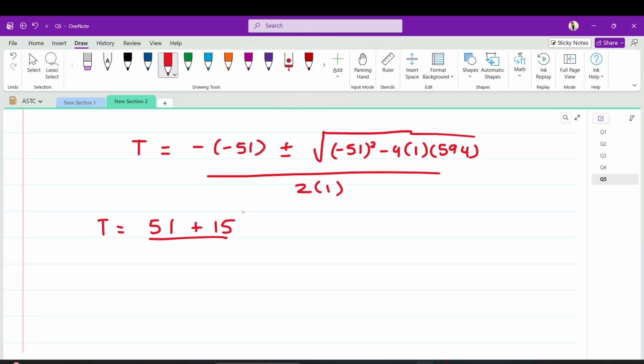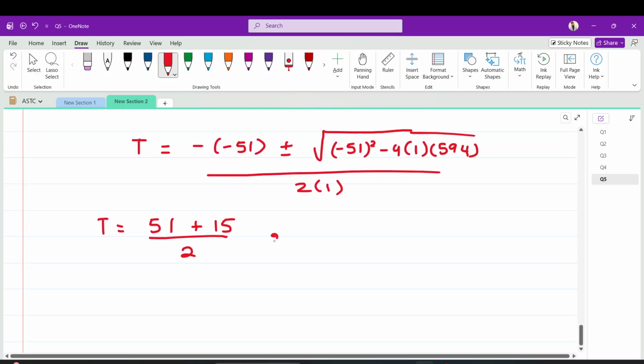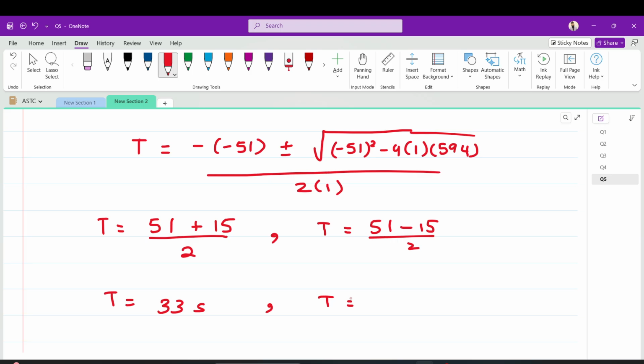So that means we were able to factorize, but the values were too big for us to factorize, right? Then t is equal to 51 plus 15 upon 2, that gives us 33 seconds, and t equals 51 minus 15 upon 2, that is 18 seconds.